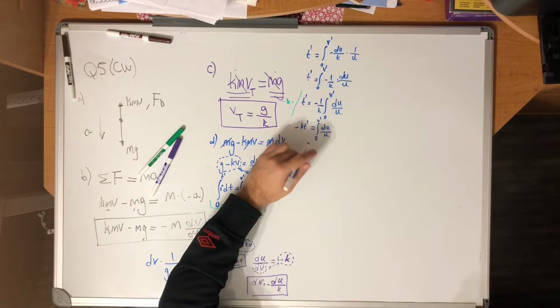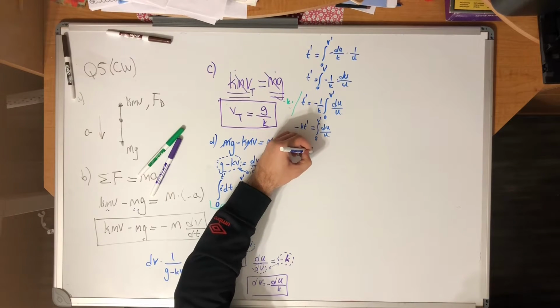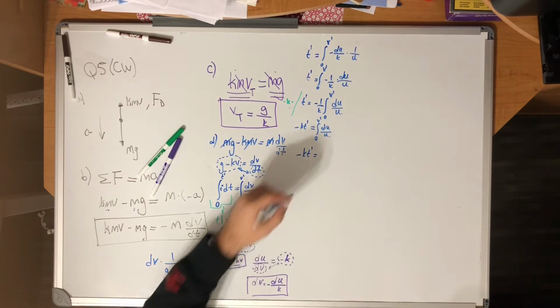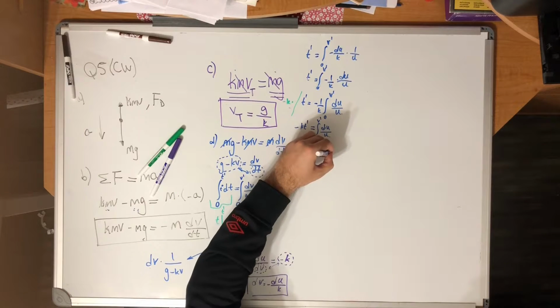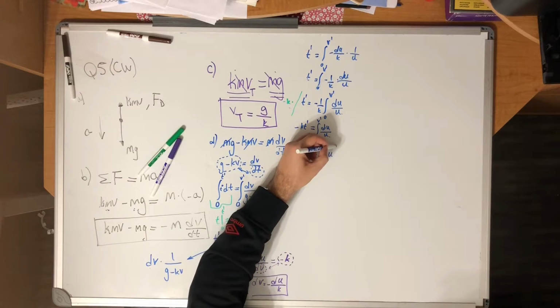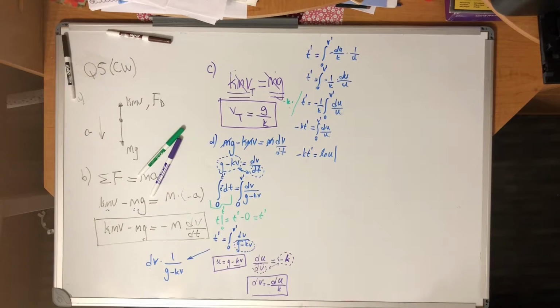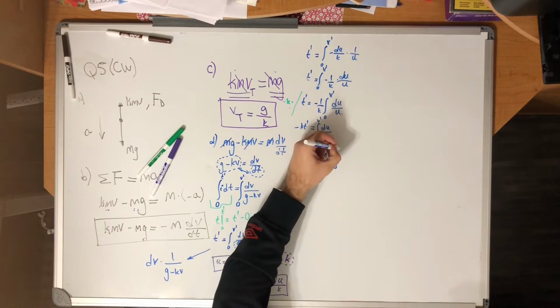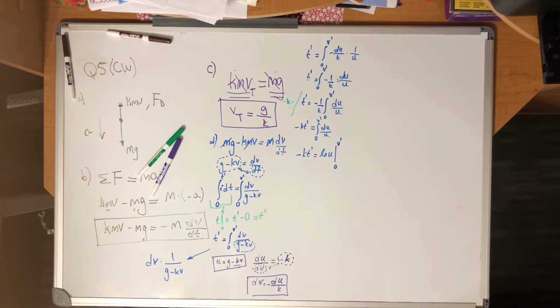So negative k t prime will be equal to ln u. This is the result of that integral. But once you have taken the integral, if you have boundaries, what should you do? You should include that 0 and v prime. Now what do we have? ln u.